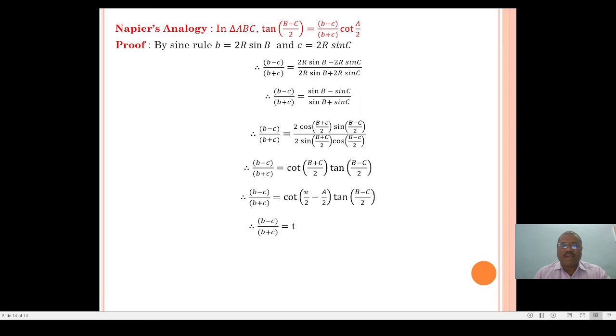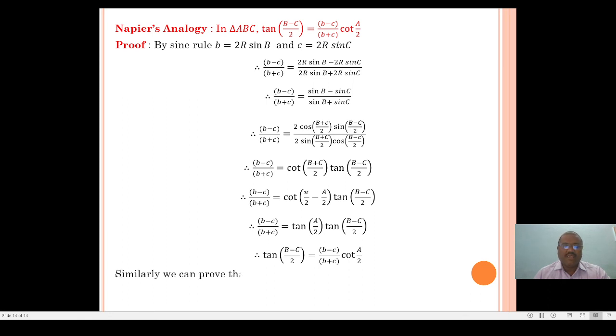So we get (b minus c) upon (b plus c) equals tan A by 2 into tan (B minus C) upon 2. So tan (B minus C) upon 2 equals (b minus c) upon (b plus c) into cot A by 2.